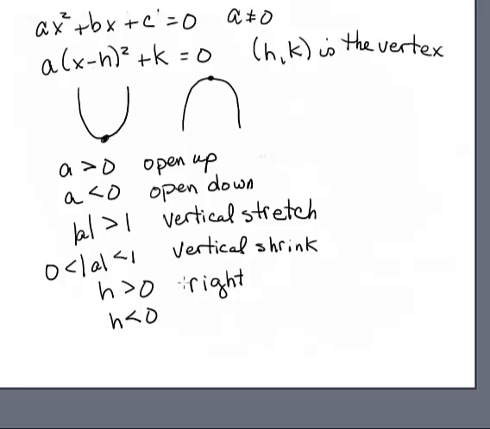That means it's going to move to the left. We can also tell something about the k. Whatever you tag along here, if the k is bigger than 0, you're going to move it up. And if the k is negative, we're going to move down.